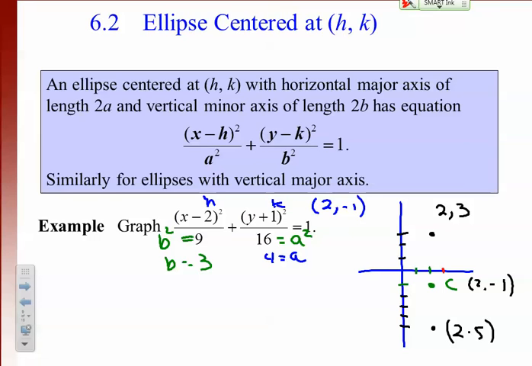So I go over 1, 2, 3, which would be at 5, -1. And going back over here, 1, 2, 3 would be at -1, -1. So my ellipse would go from here, through the vertex, through the -1, around like that. It's going to look pretty circle-like because the a and the b are not that much different.